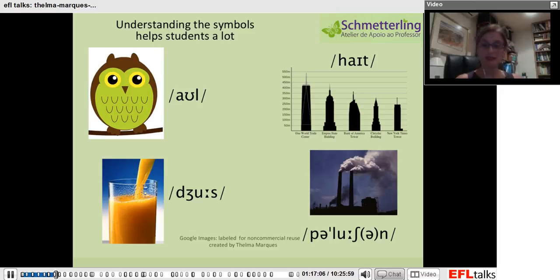The suffix shun in English, T-I-O-N, sounds like shun, as in pollution. So instead of asking students to listen and repeat the word, and they don't understand and repeat wrongly, the teacher would only show the symbol and students by themselves work out how to pronounce it correctly.